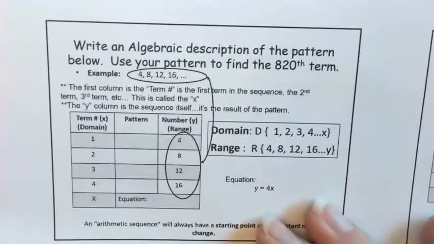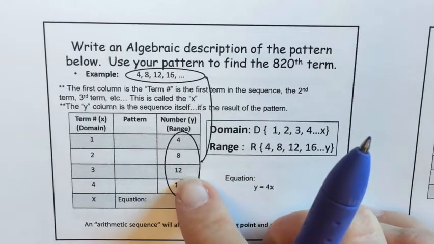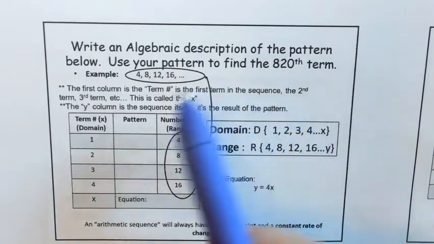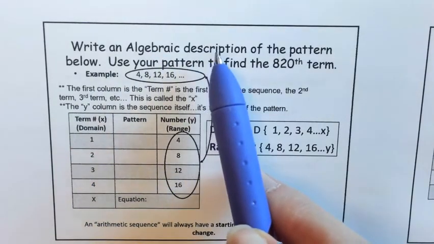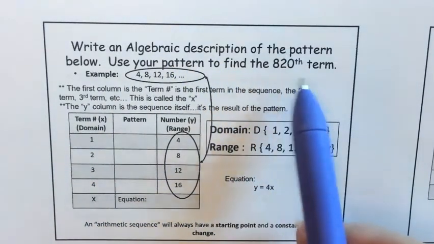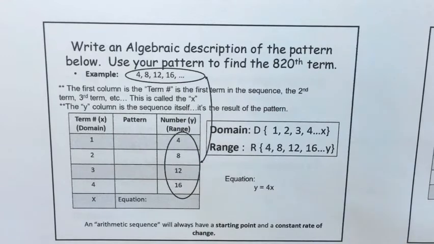Now we're going to change it up a little bit. We're going to take all the stuff we already figured out, and this time we're going to put it in a data table. And then we're going to use my algebraic equation to find the 820th term. So this is our first original sequence, 4, 8, 12, 16. We've already had a couple slides on this.